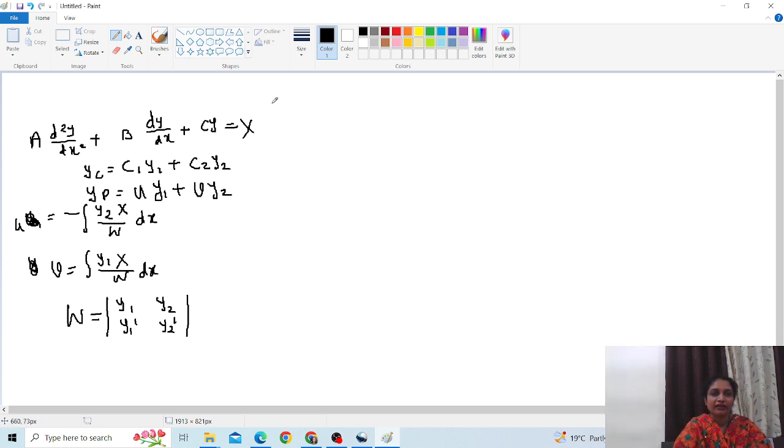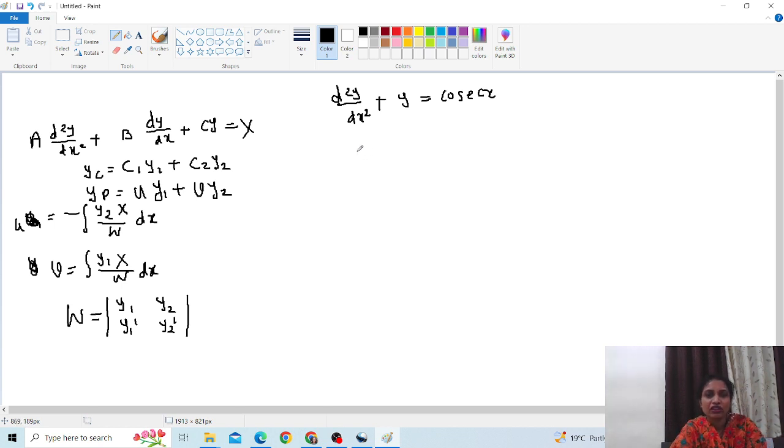So let's assume some example. Suppose you are having the linear differential equation with constant coefficient like this. D2y by dx square plus y is equal to cosec x.